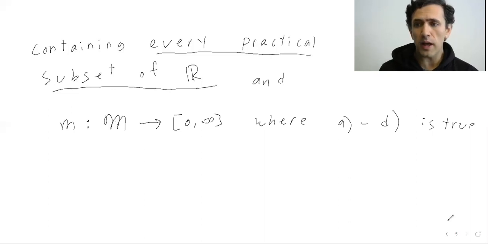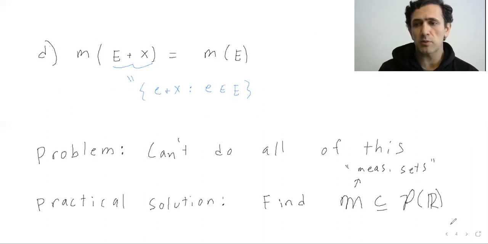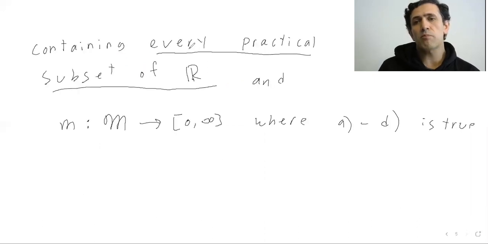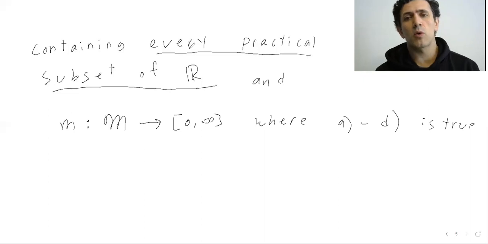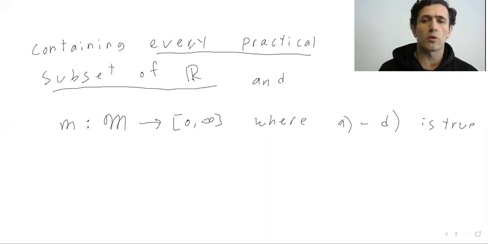And I really do want to emphasize, and this is absolutely amazing in my opinion, that this set script M will literally contain any practical possible subset of the real line that you could ever imagine yourself ever dealing with. And we'll be a lot more precise as we go forward in the course about just what I mean by that.